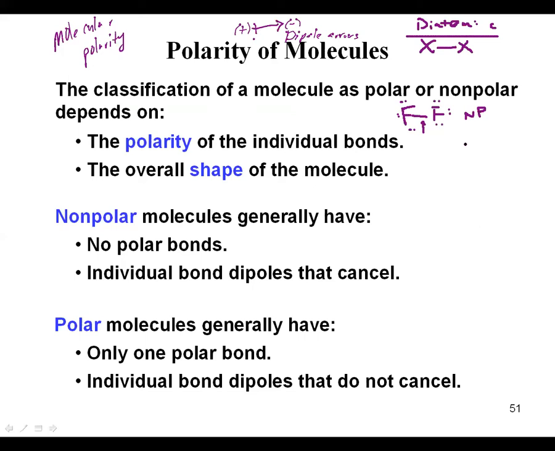They both have a value of 4. So when we subtract them, that gets you 0. And that is going to be a non-polar bond. Now, because this is a diatomic molecule, the only bond that you have in this molecule is that bond. And since that bond is non-polar, and that's the only bond in the entire thing, the molecule would be a non-polar molecule.